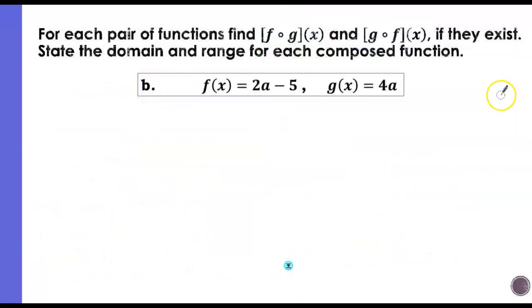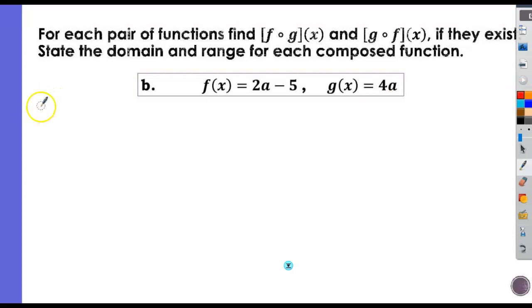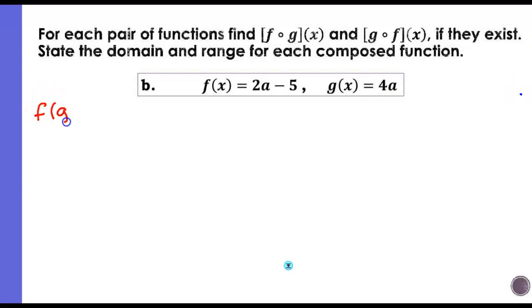Here's another situation you might encounter. For each pair of functions, so we have two functions, f and g, find f of g of x and g of f of x. So let's start. F of g of x. What that means is I'm going to take this g function and plug it into the f function.